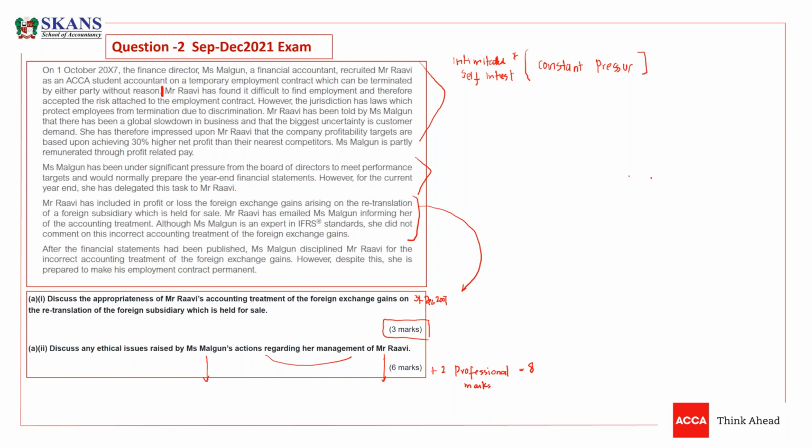Mr. Ravi has found it difficult to find employment and therefore accepted the risk attached to the employment contract. So the circumstance of Mr. Ravi is that he has found it difficult to find employment. It means he is under immense pressure due to the situation that it is difficult for him to find employment.